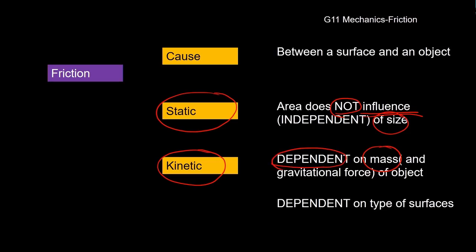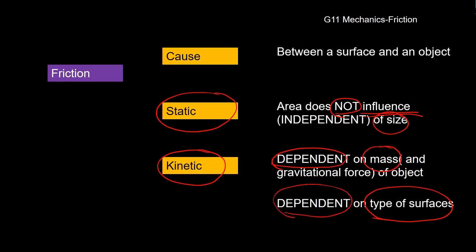The other thing that friction is dependent on is the type of surfaces. So if you think about smooth surfaces versus rough surfaces. So for example, the tarmac is quite rough. So tires on tarmac, okay, so a tire is also quite a rough surface, that rubber is quite rough. That would affect the size of friction between those two surfaces.